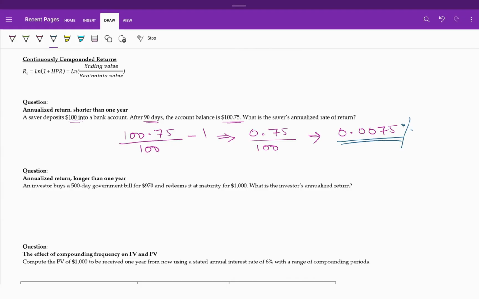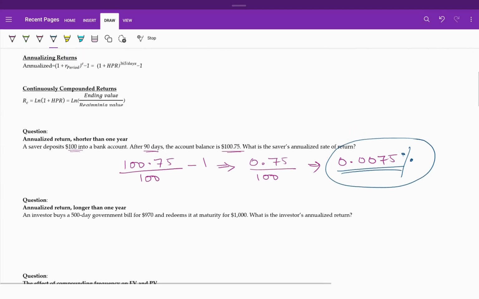But understand this, whenever I talk about percentage, the percentage numbers are basically annual numbers. So now I need to annualize this percentage number, my change in account balance in percentage, and convert this into 90 days. 90 days means one quarter.